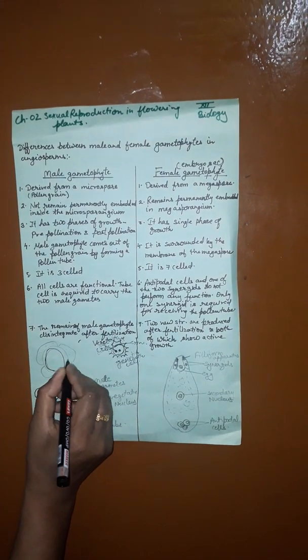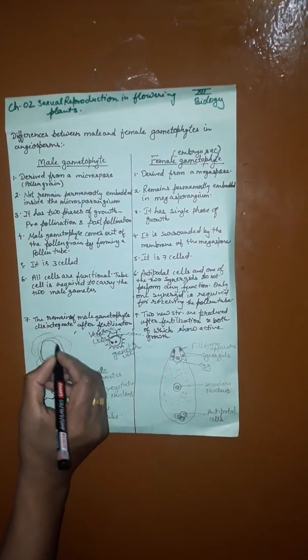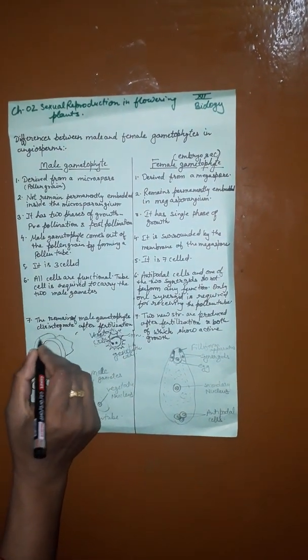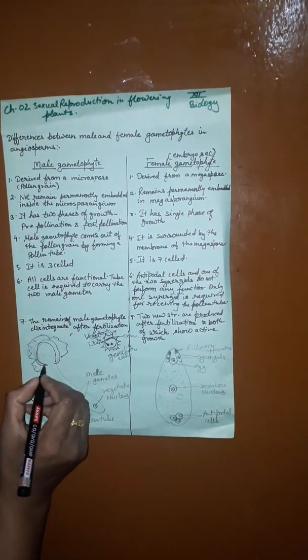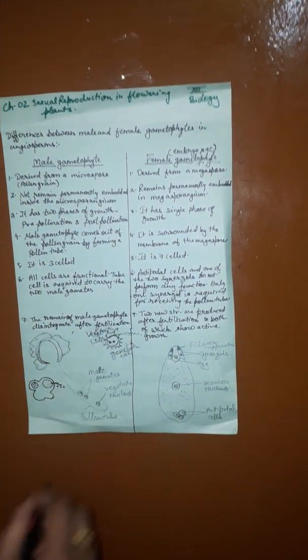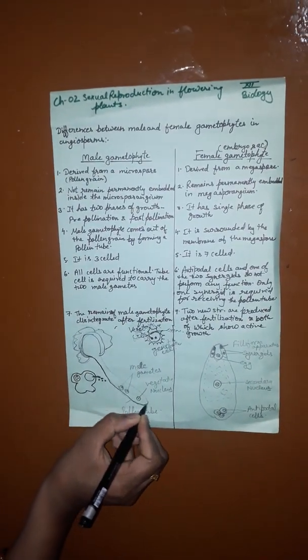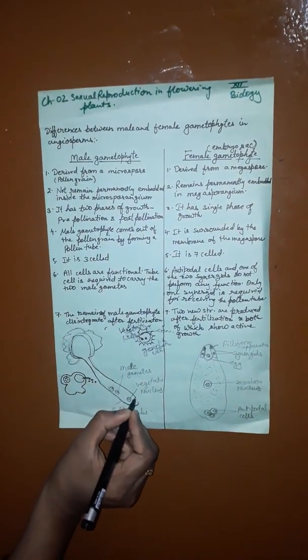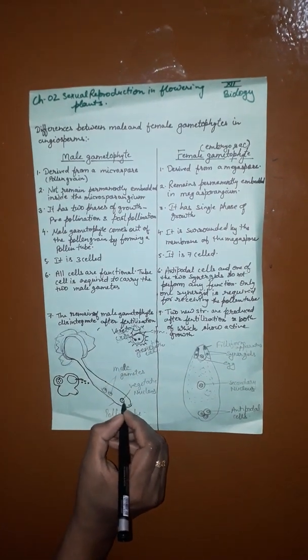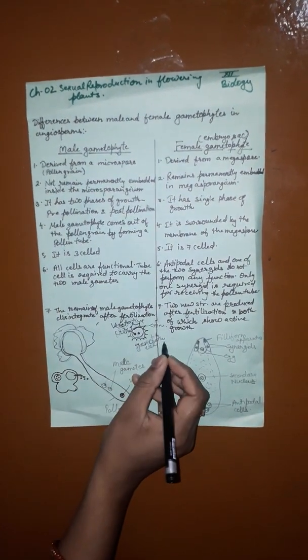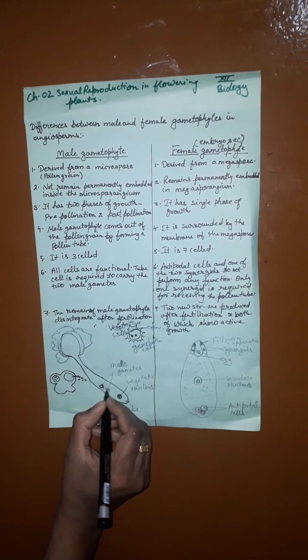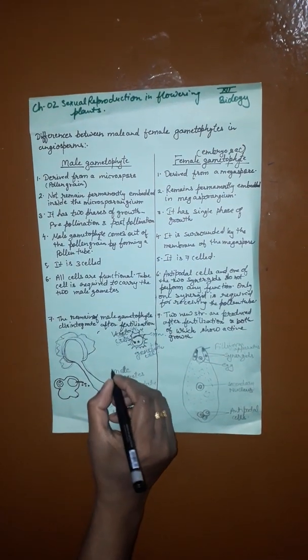See here, this is a simple pollen grain. This spike-like structure is the exine, and this inner one is the intine. The pollen tube germinates, and the vegetative cell's nucleus and the generative nucleus divide and form two male gametes.